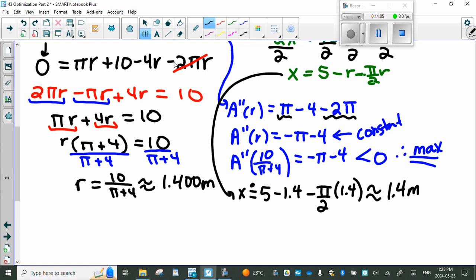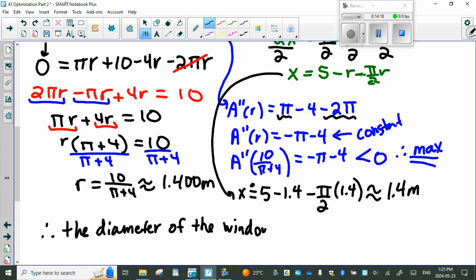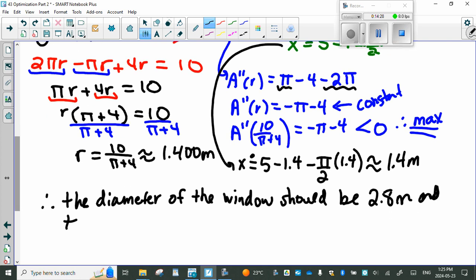Okay, so therefore, the diameter of the window should be 2.8 meters, and I'll call it rectangular side length.